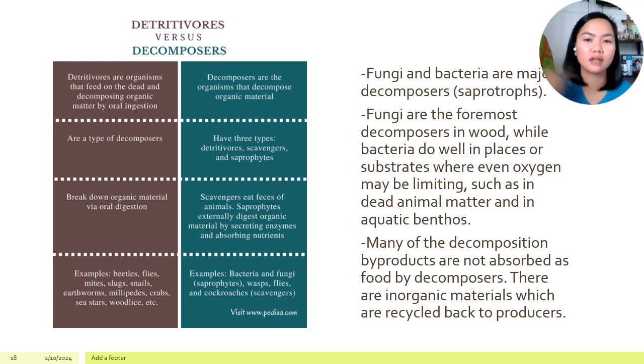It is also intended for other organisms. Decomposers will not use all of the nutrients, but most of these nutrients are recycled back to the producers so that life will continue.